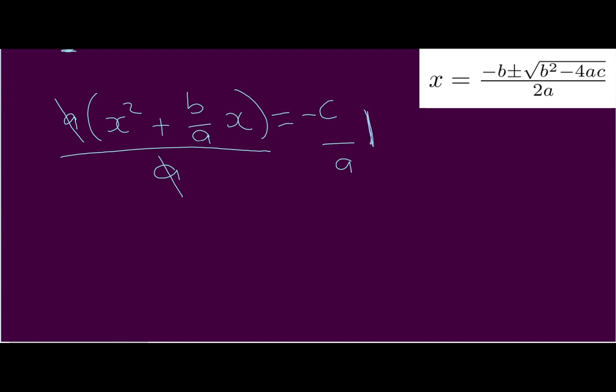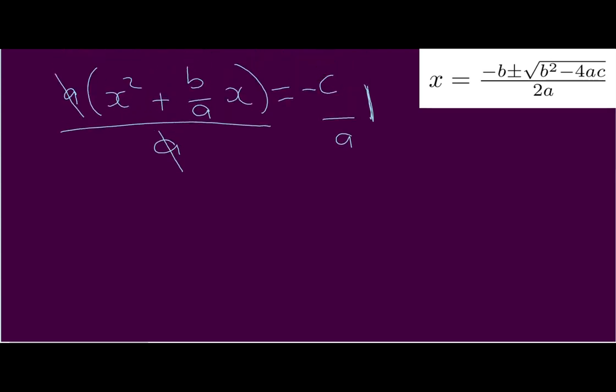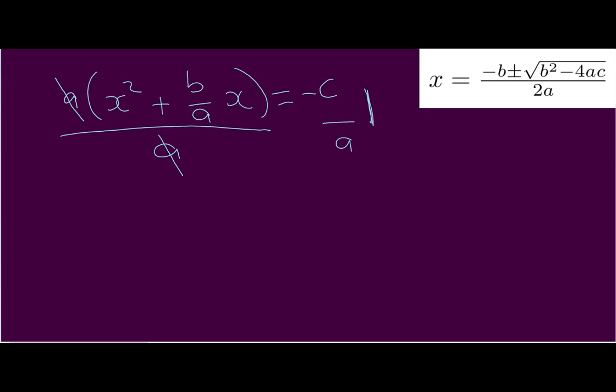We're going to write what we're left with, and what we're left with is x squared plus b over a x equals negative c over a.